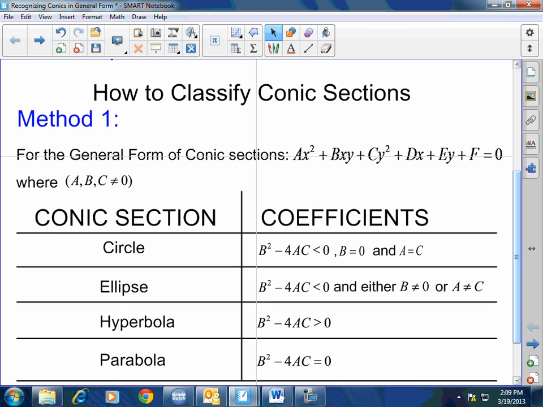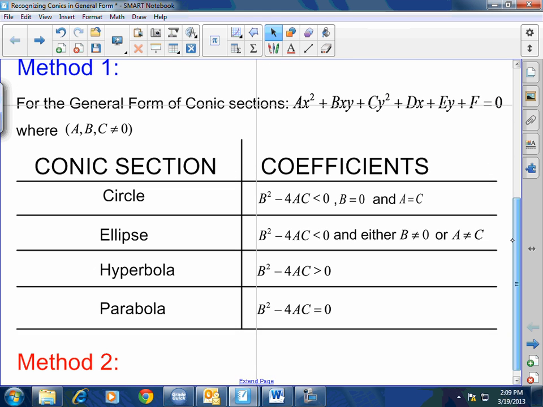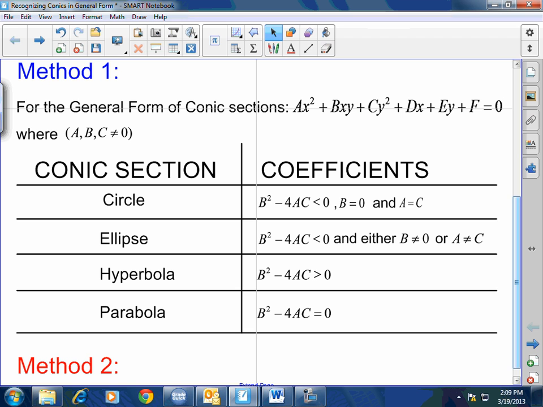Now, I'm going to go over this really quickly because I don't like it. If you like working with formulas, if you can find the b, the a, and the c, and you plug in b squared minus 4ac, if it's less than 0, but b equals 0 and a equals c, that's a circle.